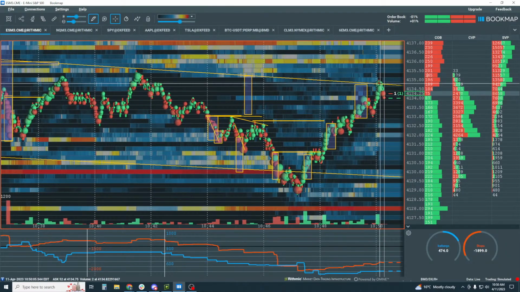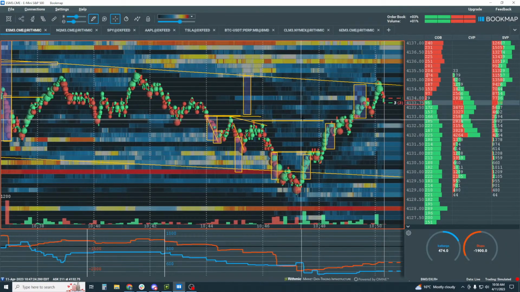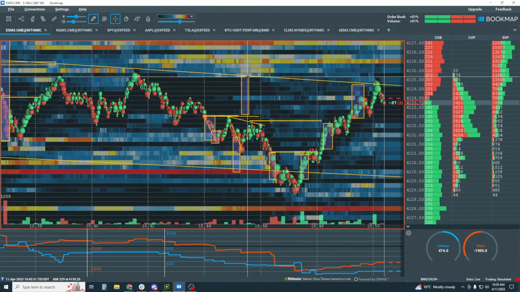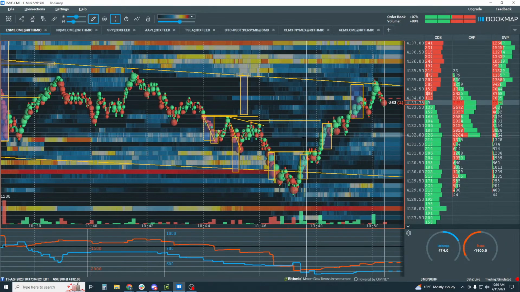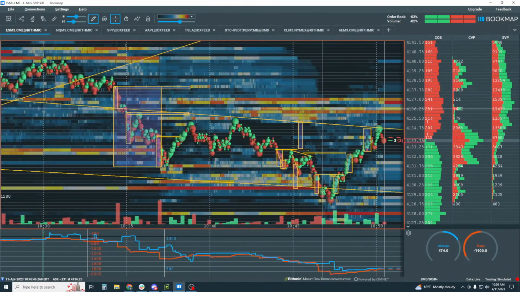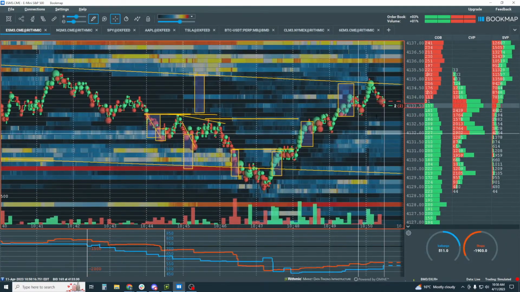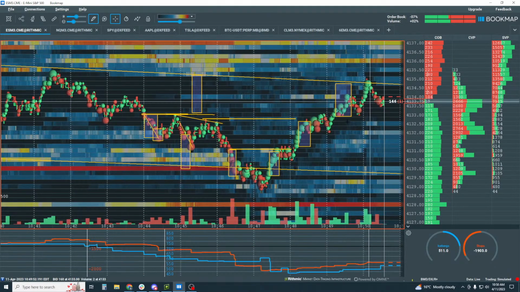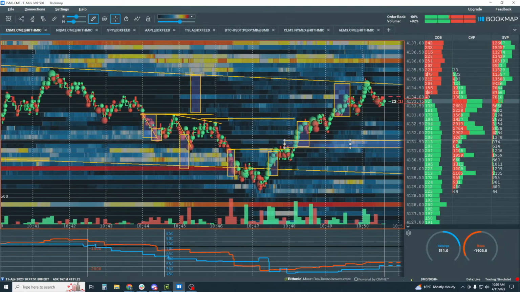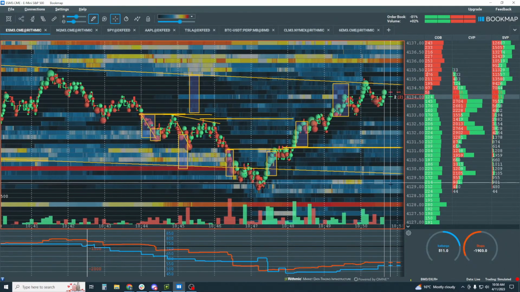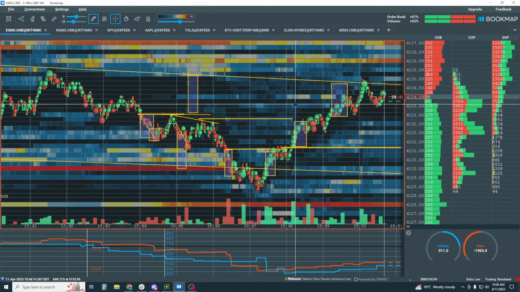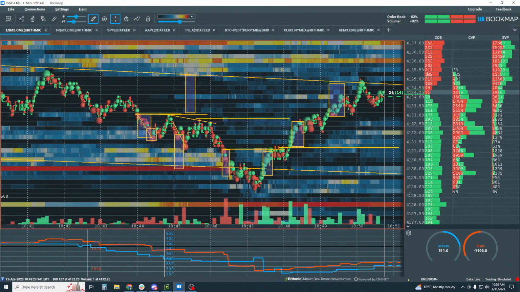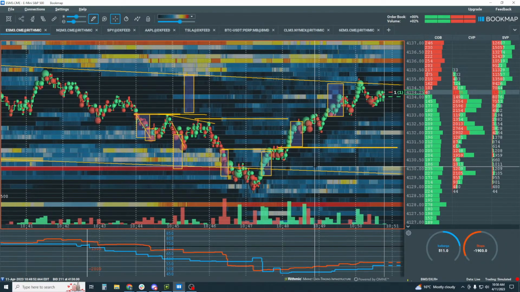Well, we made it to 35, and that's where we originally had our target. So this is still an important area here at 31, where sellers took control below it, buyers took control above it. Okay, we can see it.